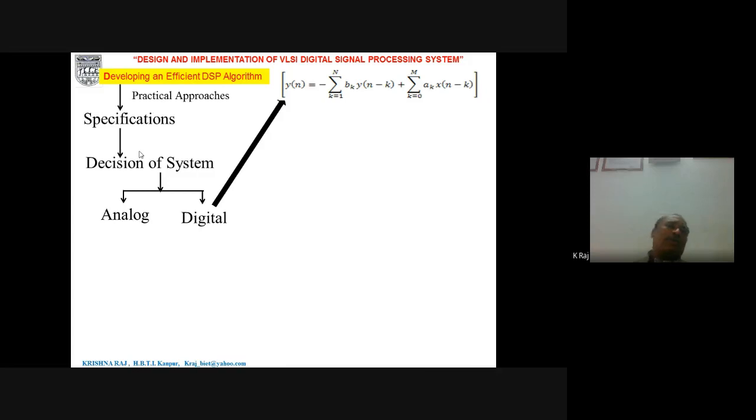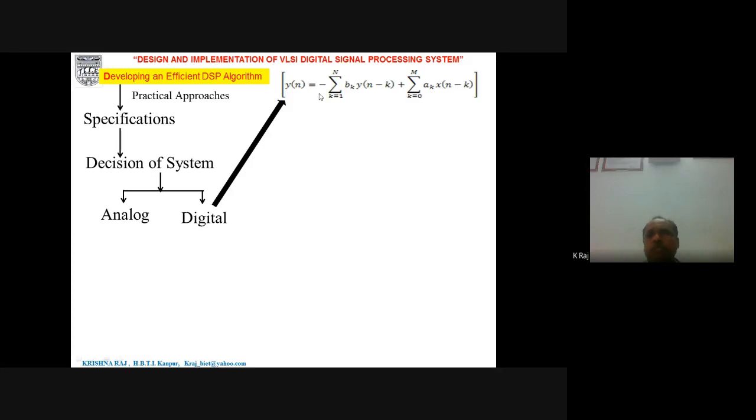And then that particular system which has to be designed will be represented with the help of the mathematics. For example, if we are interested for the digital system, then this will be represented by this difference equation. That is a general representation of the digital signal processing algorithm.